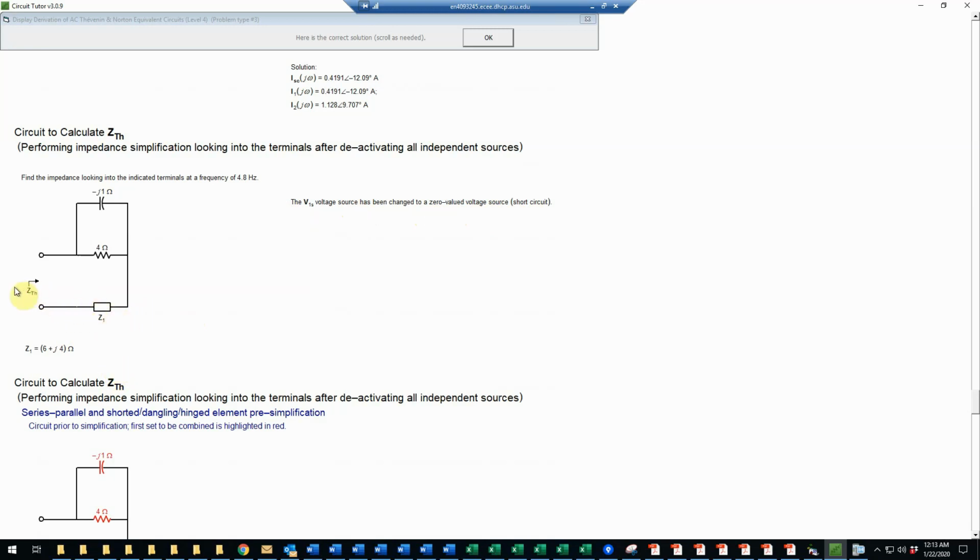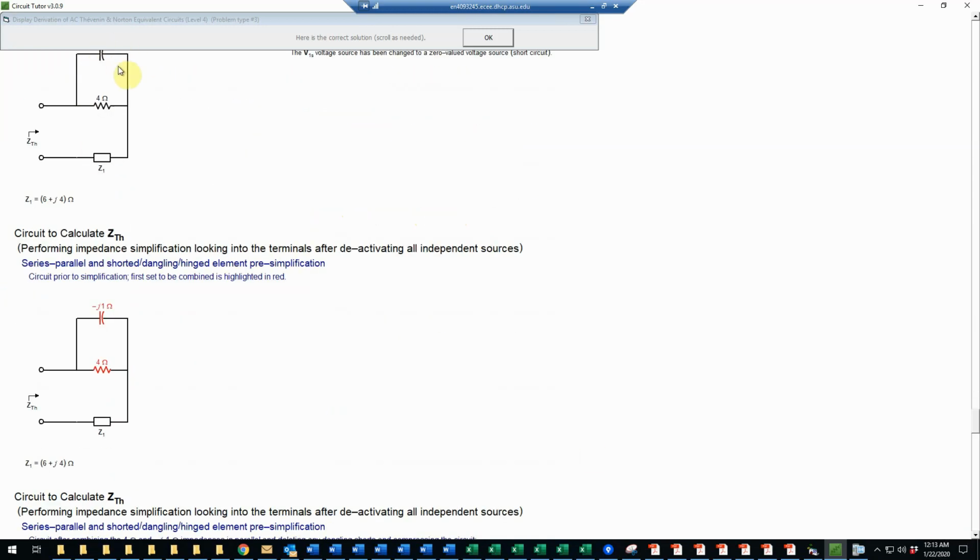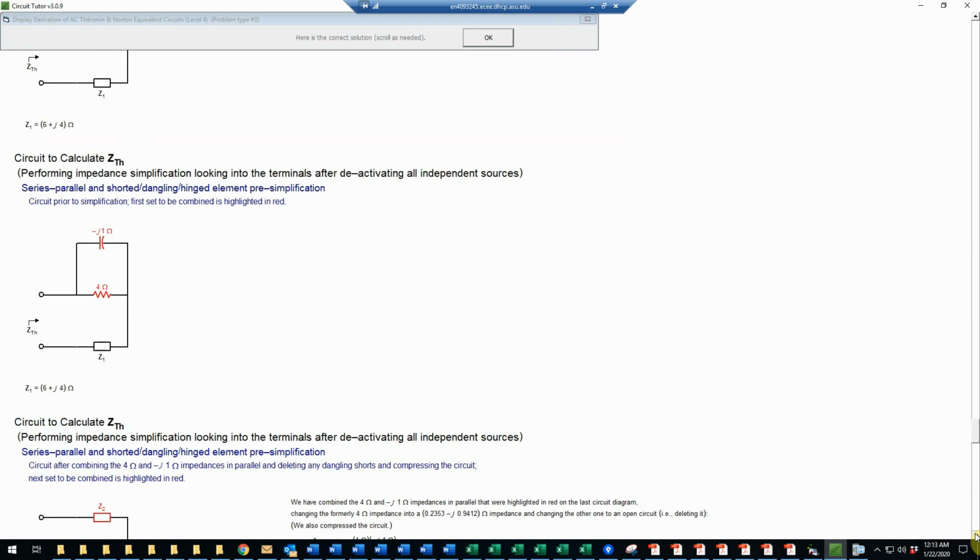Then we would basically look into those terminals to see the remaining impedances and see what the total impedance is there. So that's a very simple problem, similar to ones you've done before in impedance simplification. And here we have to combine these two in parallel. Remember, you don't just add all three because they're not in series after all, right? These two are in parallel, not in series. So we have to combine those in parallel.